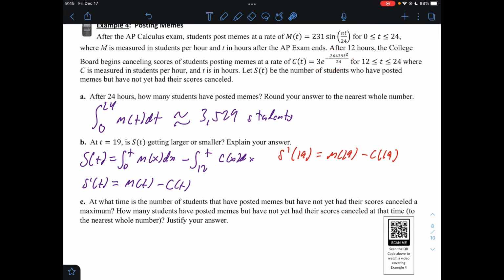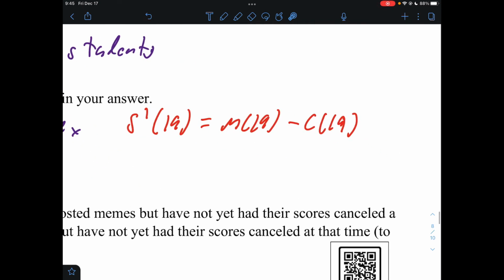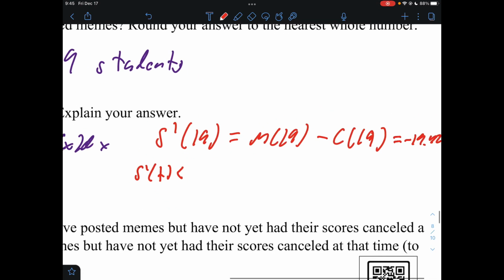We don't actually care what the value is. All we care about is if it's positive or negative. I mean, we have a calculator, so we can find the value pretty easily. And the answer would be negative 19.425. But all we really care about is the fact that it's negative. Since s prime is negative, that means s prime of 19 is negative.